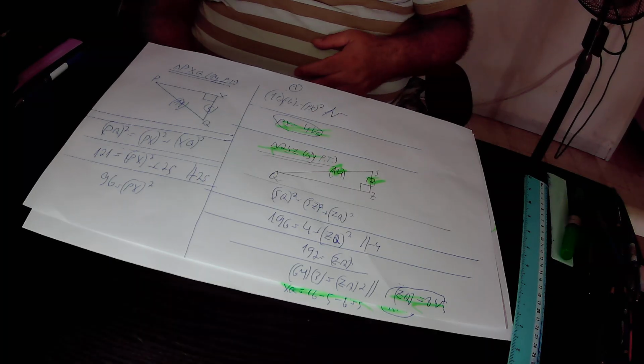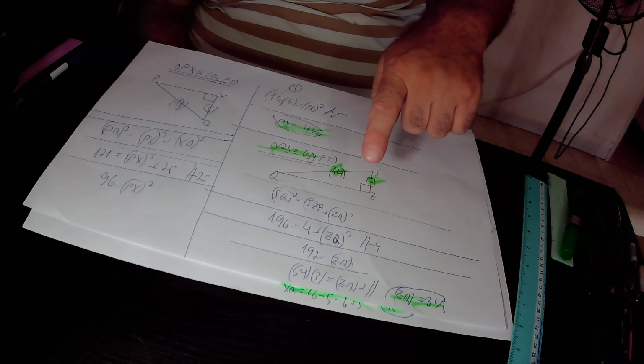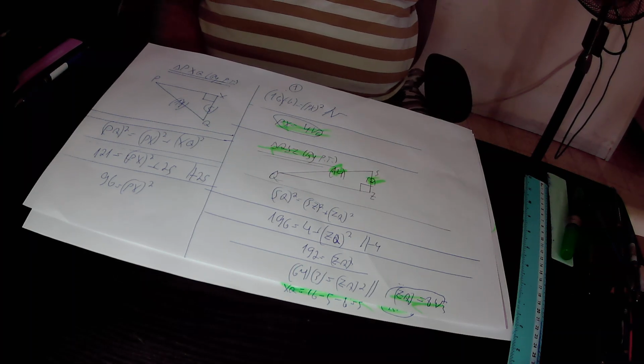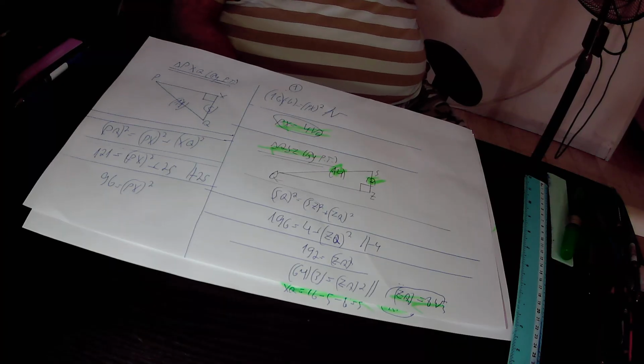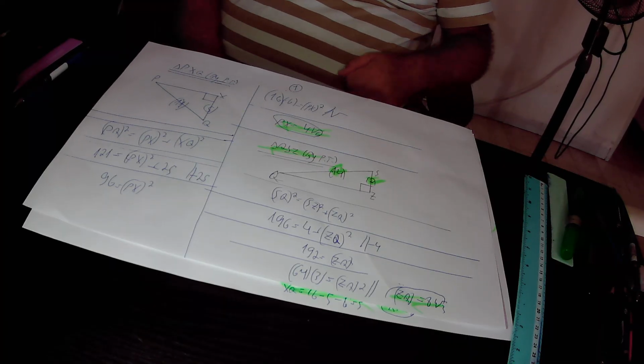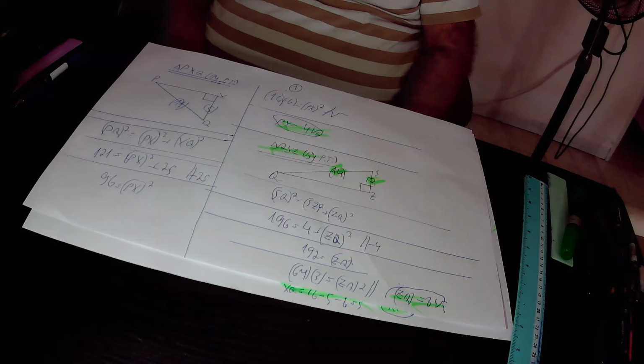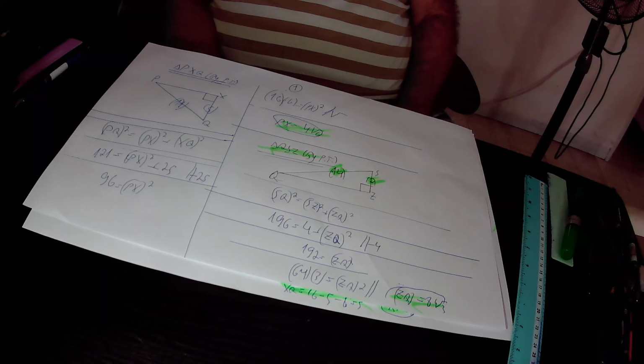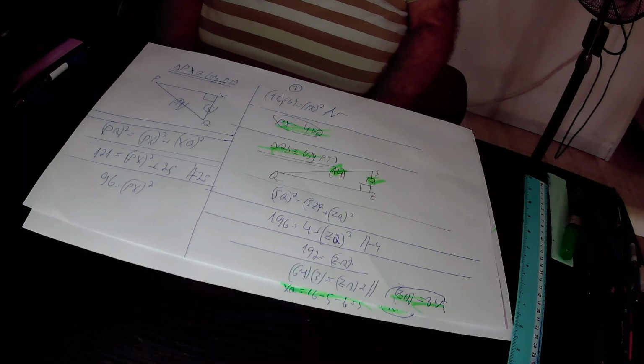So we found out that 196 equals 4 plus QZ square. Here we subtract the 4 from this equation, and finally found out that 196 minus 4 is 192 equals QZ square. We substitute 192 by 64 times 3, so 64 times 3 equals QZ square.